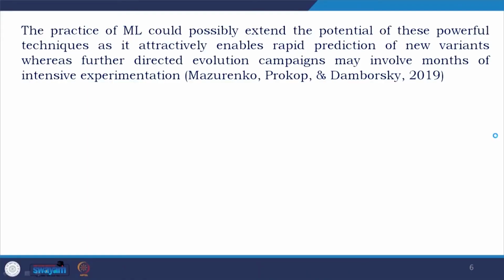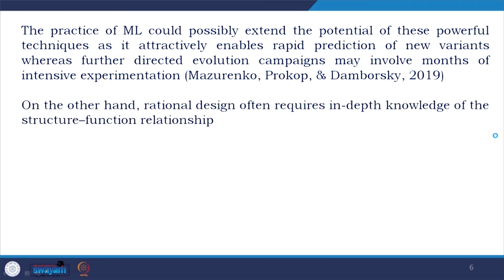The practice of machine learning could possibly extend the potential of these powerful techniques, as it attractively enables rapid prediction of new variants, whereas further directed evolution campaigns may involve months of intensive experimentation. So, I have already talked about that.